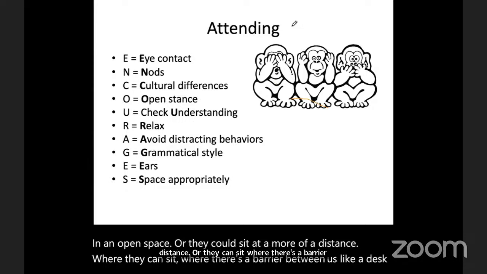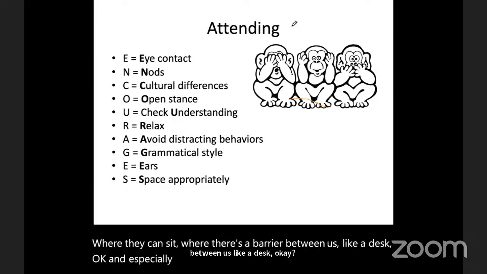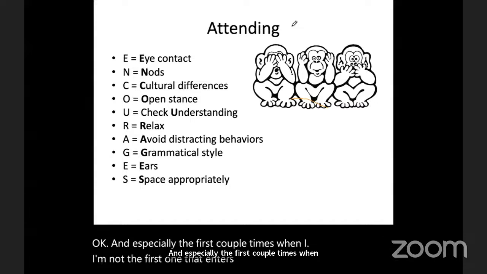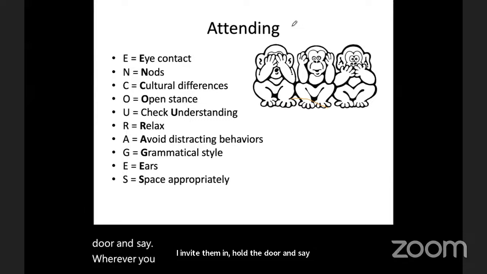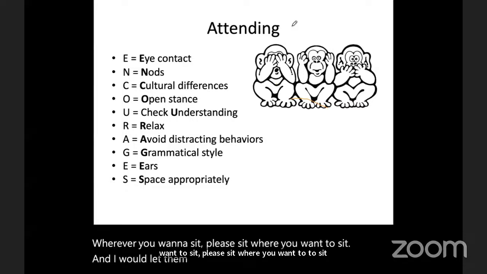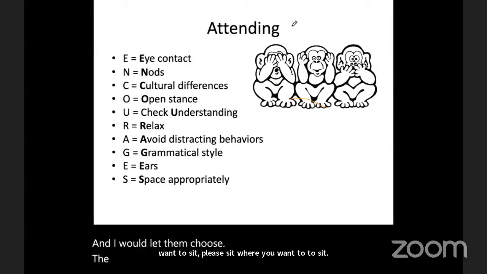Especially the first couple of times, I'm not the first one to enter my office. I invite them in, hold the door, and say, wherever you want to sit, please sit where you want to sit. I would let them choose the space they were comfortable with.